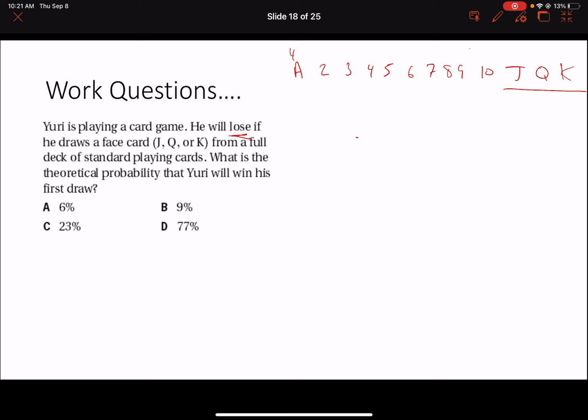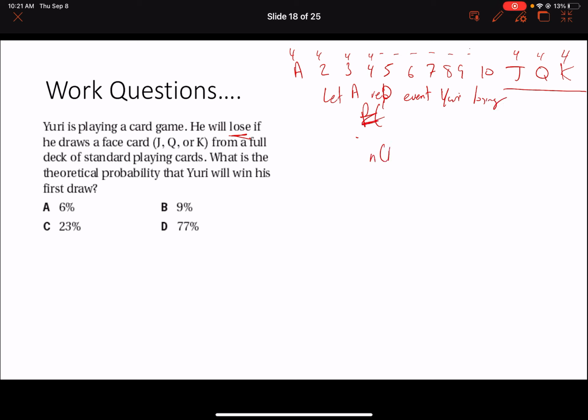So basically there are 4 of each of these. Let A represent the event of Yuri losing.